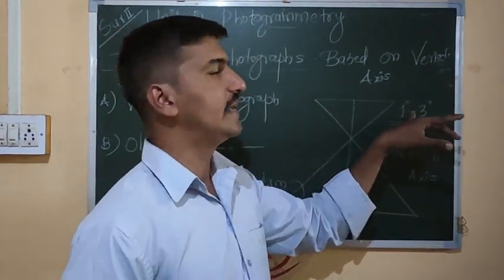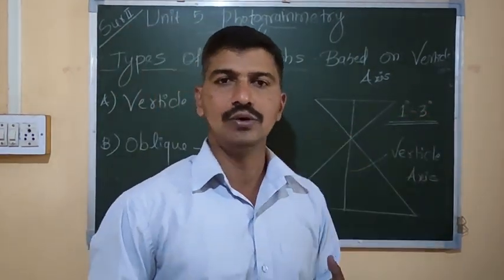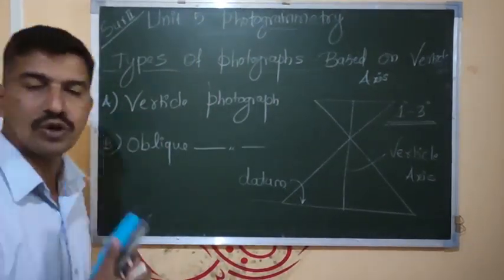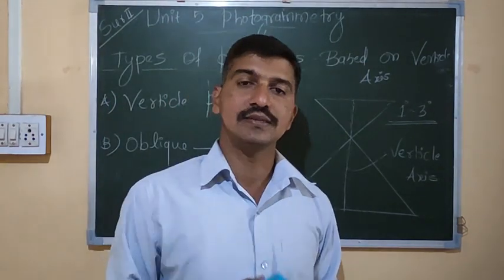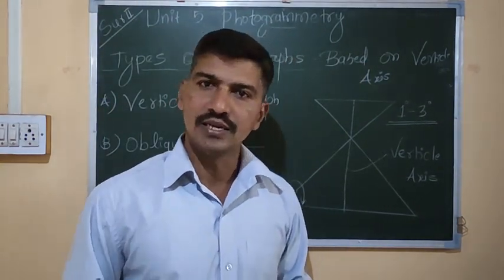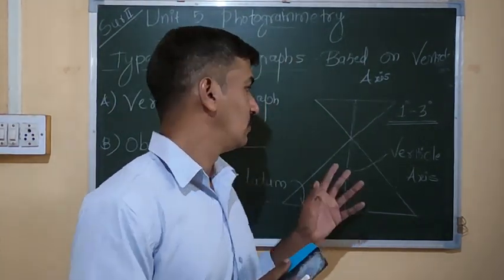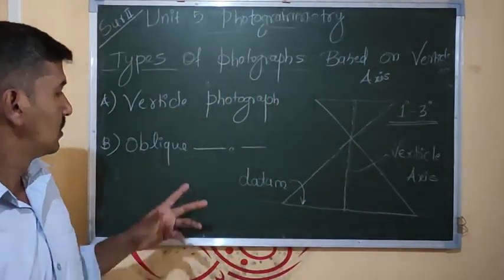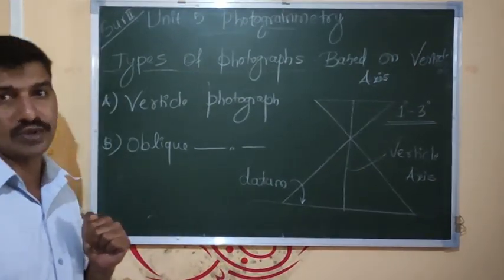So a tilt of 1 degree to 3 degrees is allowed for the vertical photograph. If your camera axis is tilted more than 3 degrees, then we cannot say that this is a vertical photograph, then we have to call it an oblique photograph.